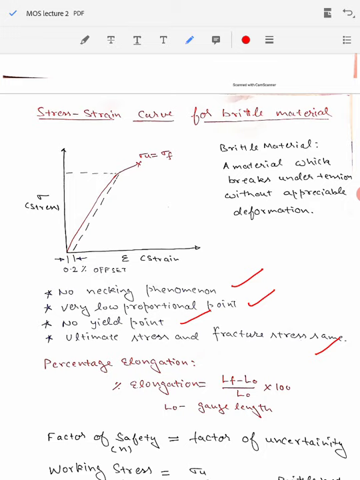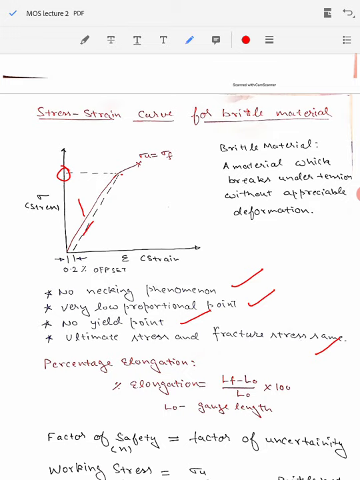So in order to determine the usable stress value for this component, we usually use the concept of a proof stress. In order to obtain the proof stress, we draw a 0.2% strain offset line parallel to the original line of the stress strain diagram, and we see at which point it cuts the curve. From this point we draw a horizontal line and we determine the value of stress, that is the value of the proof stress or 0.2% offset strain.